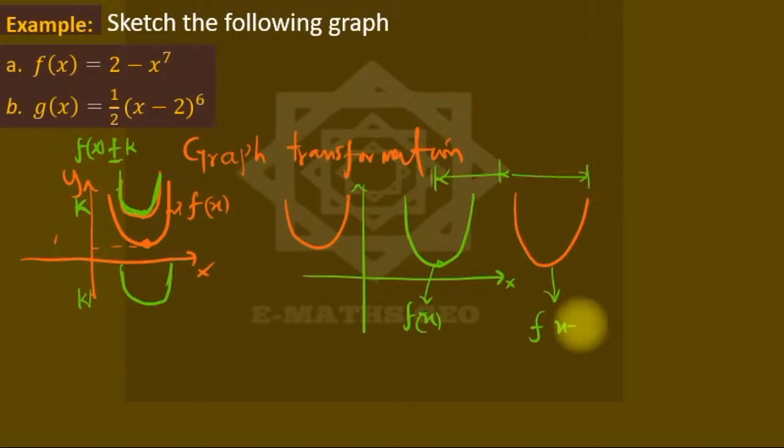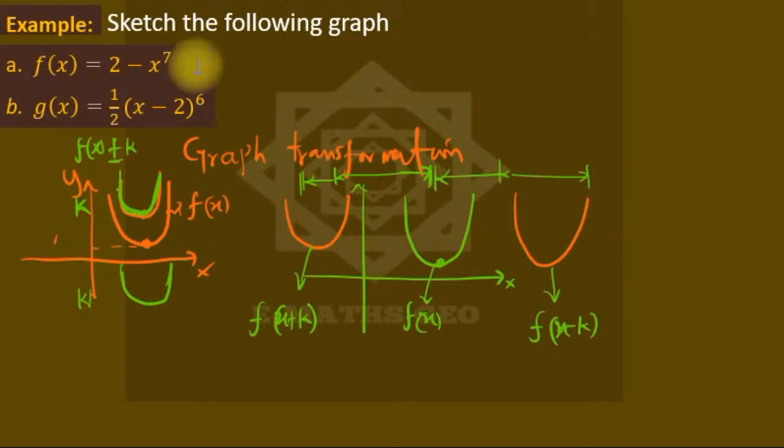So it's now f(x minus k). But if you shift that same k units to the left, it will now be f(x plus k). So that's graph transformation, because we're going to use it here.